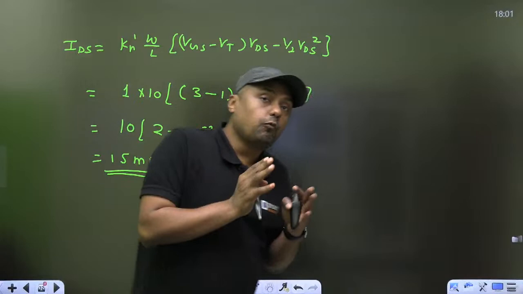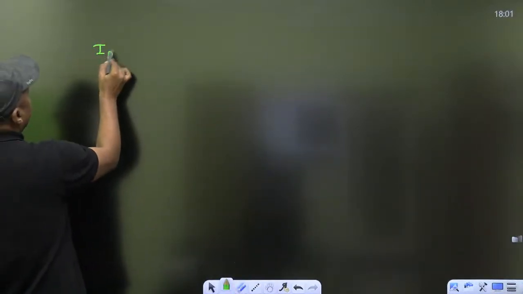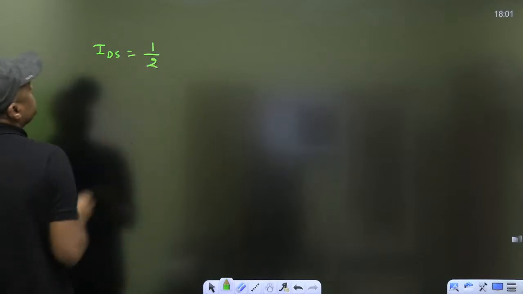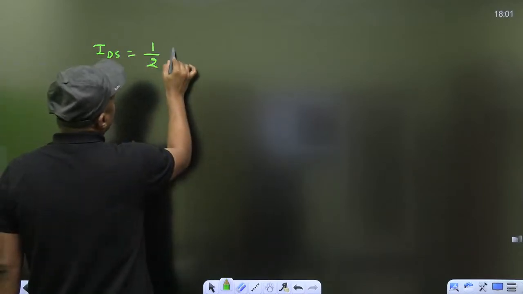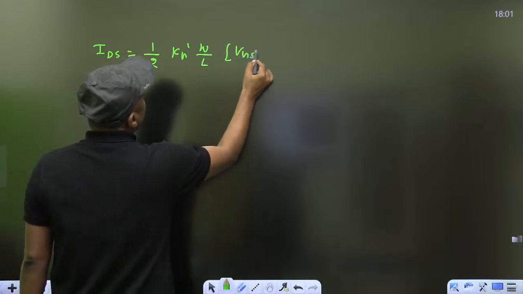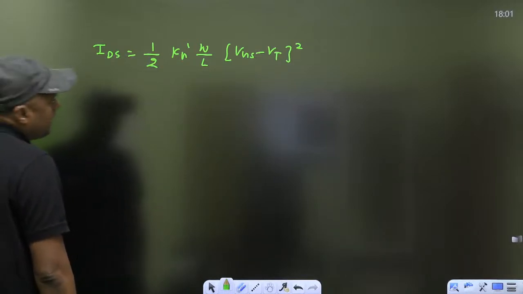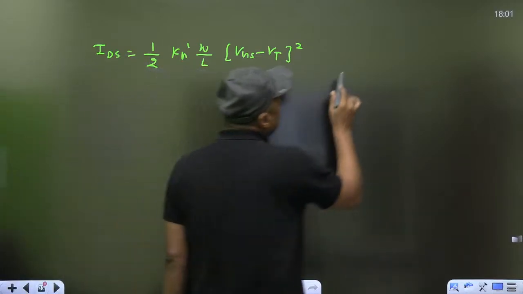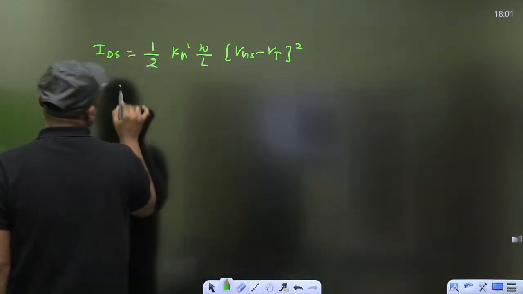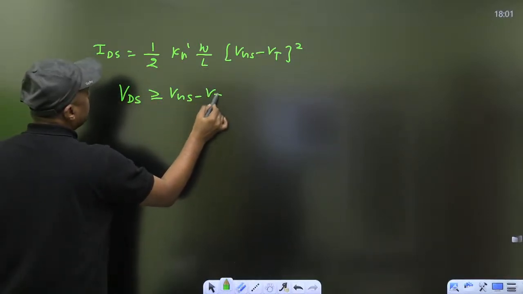Now what from the saturation region? In saturation region, the formula will become half of K n' W by L (VGS minus VT) the whole square. This is in saturation region, guys. And remember, in the saturation region, what is the condition? VDS should be greater than or equal to VGS minus VT.